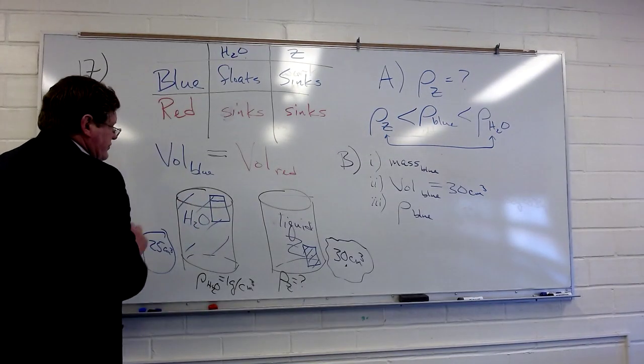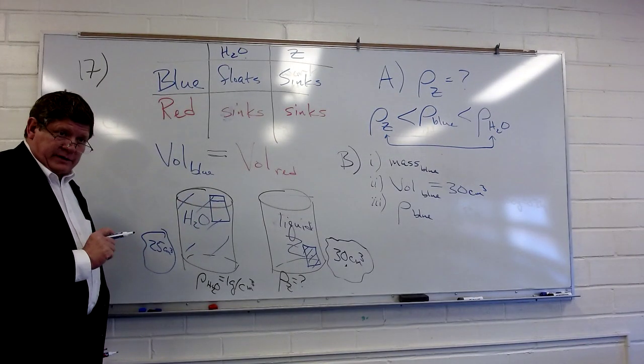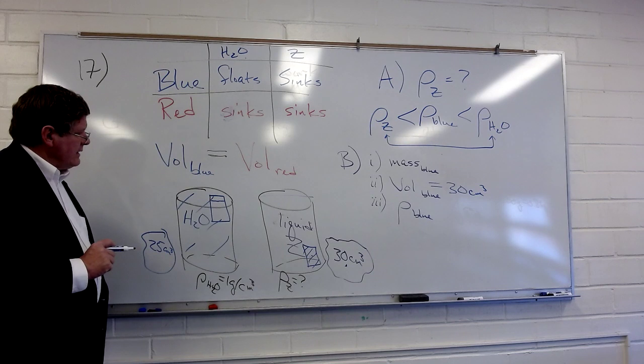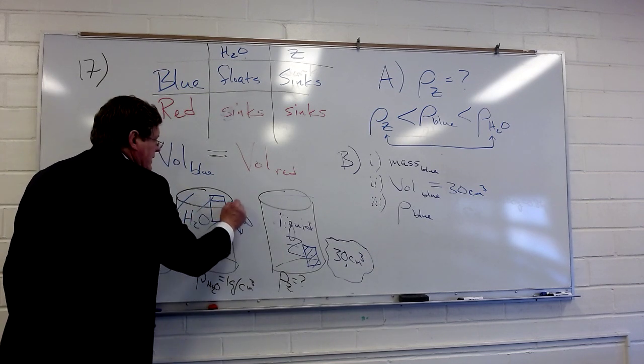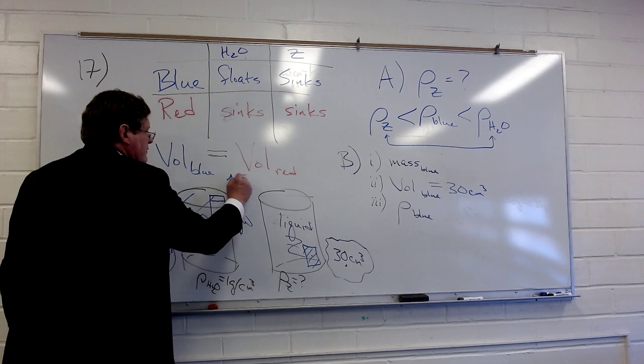I also know that when something floats, we talked about this in the last homework set, there's only two forces on it. There's the weight down and the buoyant force up.